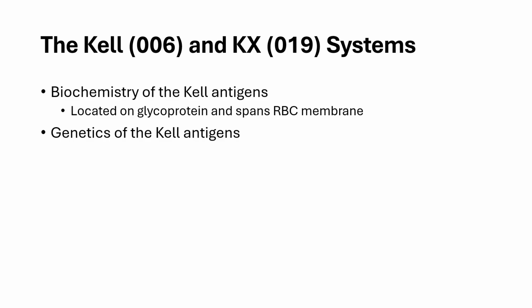This gene encodes the KEL glycoprotein, which carries the various KEL antigens. Different alleles of the KEL gene can result in different antigenic variants, such as K1, K2, KPA, KPB, JSA, and JSB. The expression of KEL antigens follows Mendelian inheritance patterns.